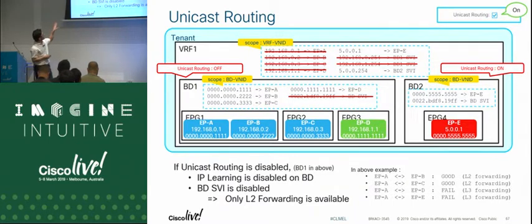So this bridge domain 1 will be pure layer 2. No routing happens there, and no IP learning happens there. But bridge domain 2 still has unicast routing on. So even though it's in the same VRF, it still has the IP information for bridge domain 2 in this VRF 1. So it's per bridge domain. Okay?